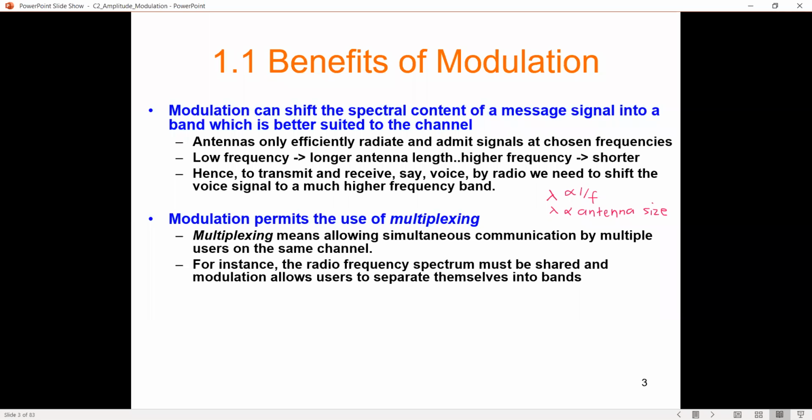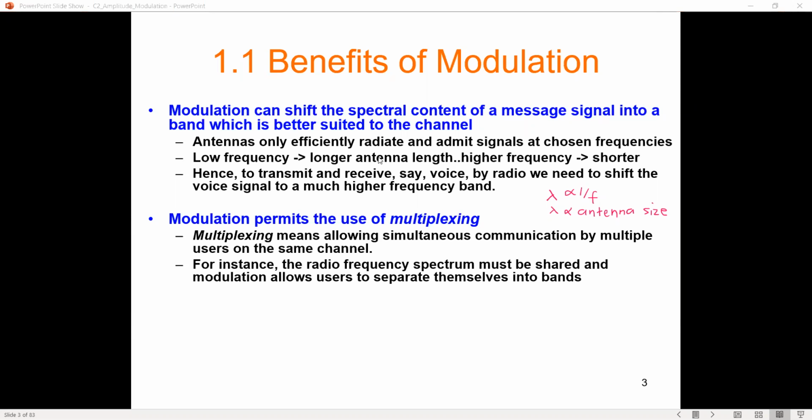Another benefit is that it allows the use of multiplexing. By having this multiplexing, we can utilize our medium capacity better. So we can have simultaneous communication by many users on the same channel.